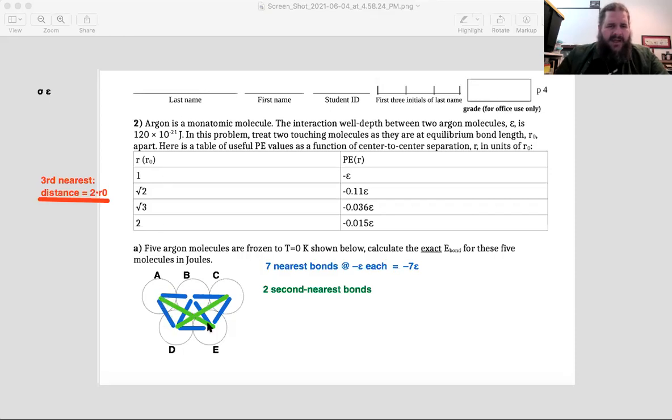So we don't know the distance from A to E, but we do know the distances from particle to an adjacent particle. So let me draw out some of those a little larger. We know all these blue distances are R0. But what we actually want to find is this longer distance. So if we label those, those are all just R0.